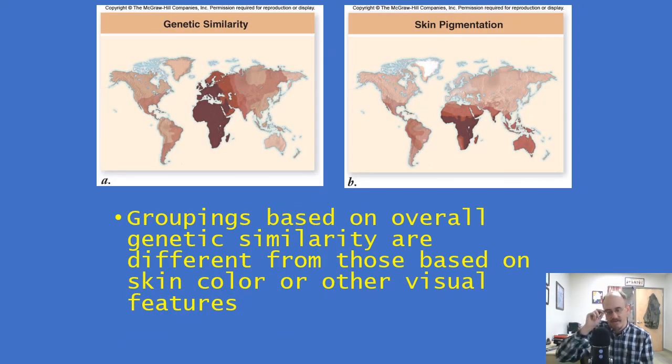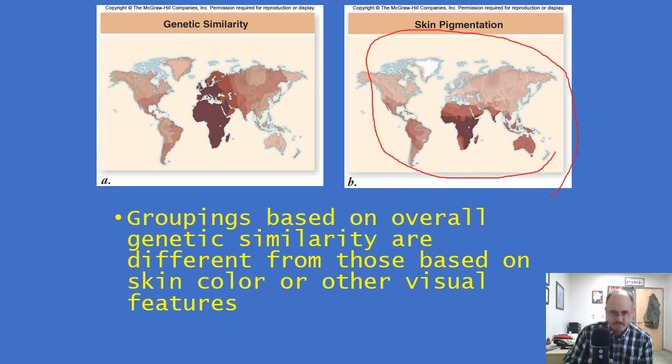But what's interesting is we as humans are very visual, right? We like to think of things in terms of what we can see. When humans try to group themselves, we often do it by skin tone. And you can see here skin pigmentation and where people are natively from, right? If you're from near the equator, often darker skin color.